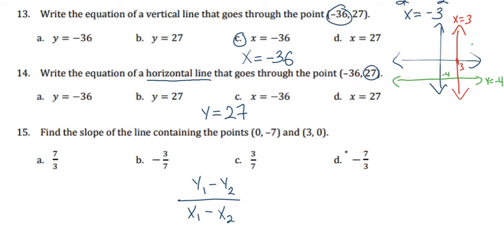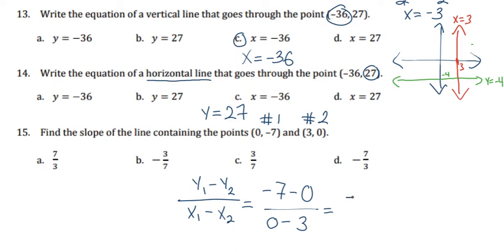And it doesn't matter which point we associate as point number 1 or point number 2, as long as we remain consistent. So the y value of point number 1 is negative 7. The y value of point number 2 is 0 over the x value of point number 1 is 0 minus the x value of point number 2 is 3.